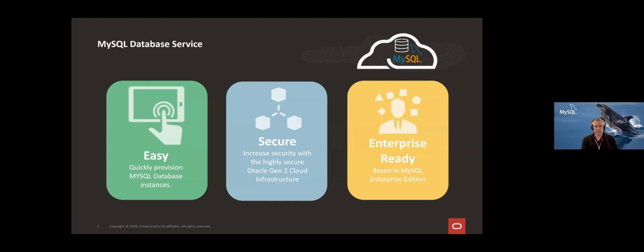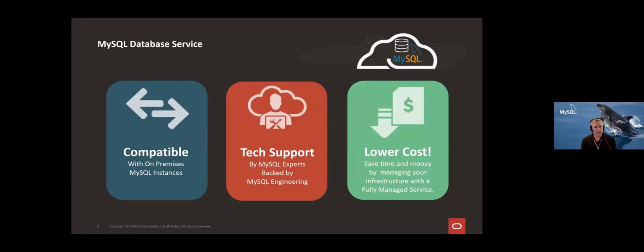And also, the MySQL Database Service that we provide in the Oracle Cloud is basically built on the Enterprise Edition of the MySQL database that we would find on premise, but then modified for the Oracle Cloud. And what is the MySQL Enterprise Edition?